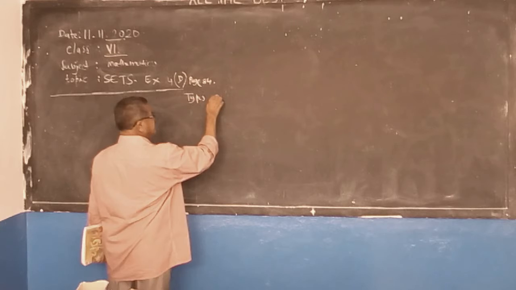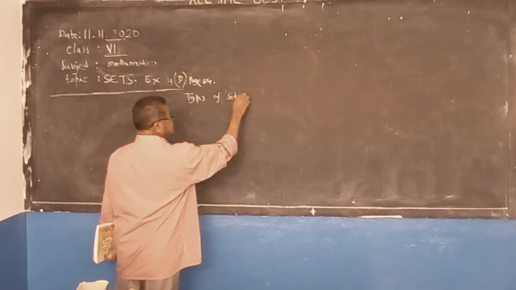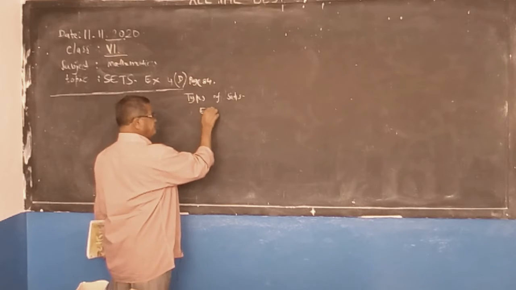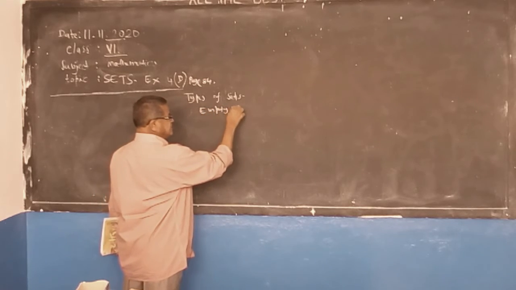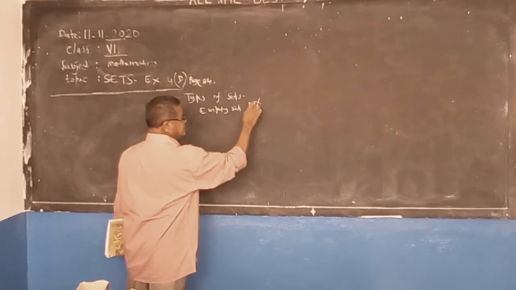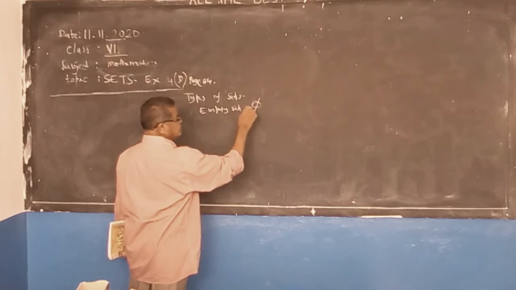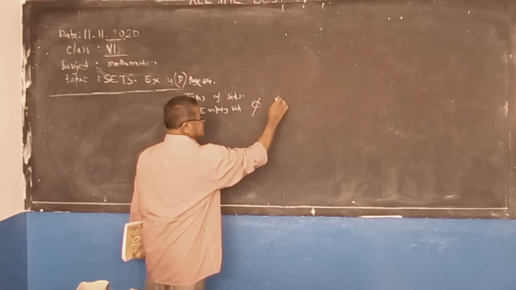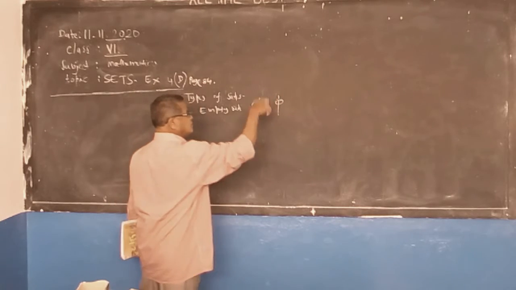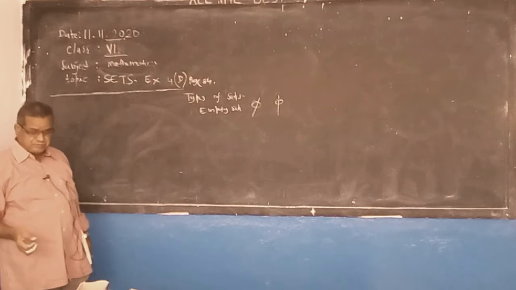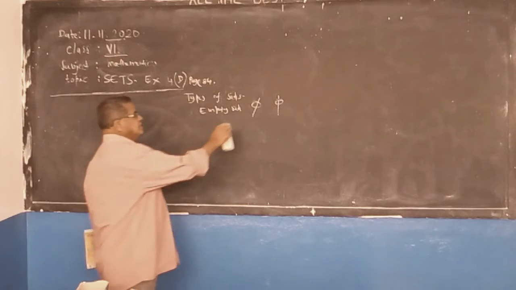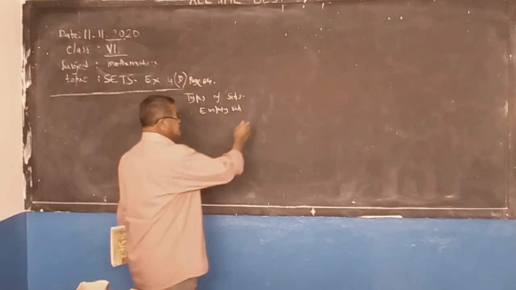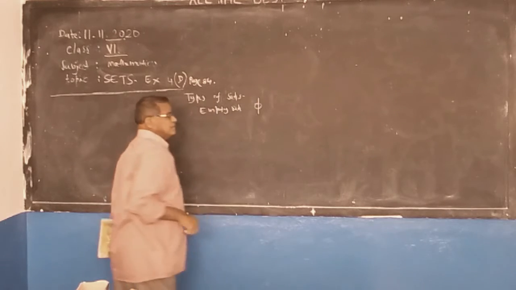Types of sets. In types of sets, the first one is the empty set. It is represented by this symbol. You write 0 and cross it like this. Empty set: a set which contains no elements.